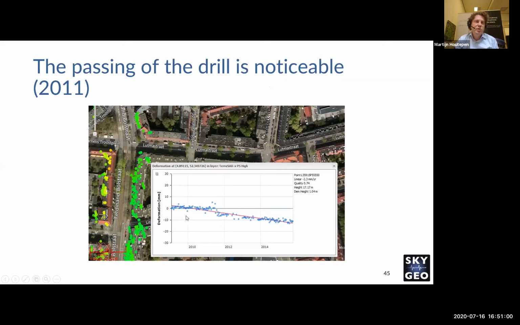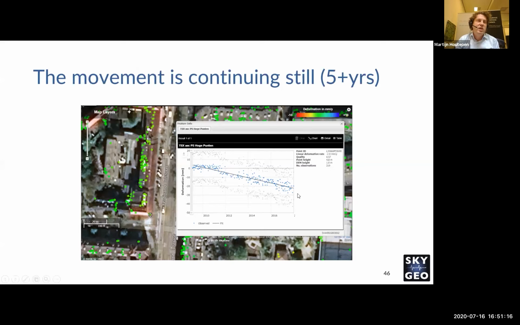But what you also see is that this point, which is on top of a building, has been stable for a few years, and afterwards it starts moving. And actually, if we visit that building 5 years later, we still see this movement continuing.